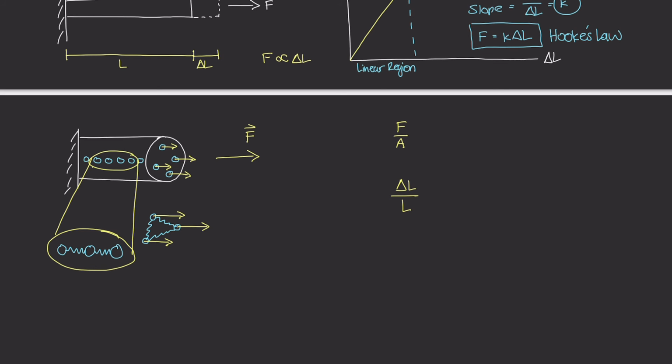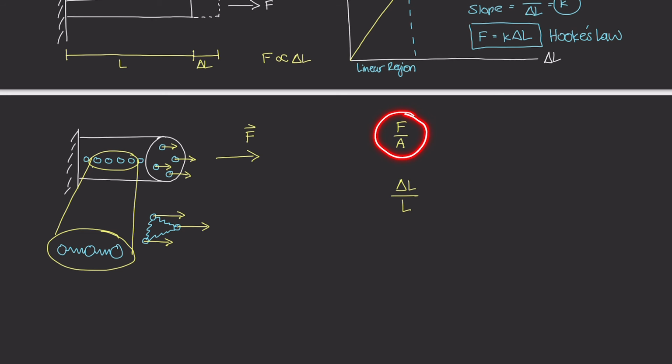So another way to think of this is that this ratio right here, delta L over L, is directly proportional to how much each of these bonds stretch. So the higher the value, the more each bond will stretch. And the lower this value, the less each bond will stretch.